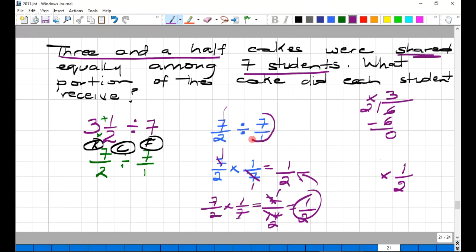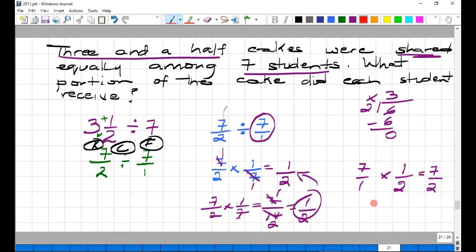What's the divisor? 7 over 1. Okay, so now numerator by numerator would give us 7, and denominator by denominator would give us 2. Can I reduce this, the 7 over 2?